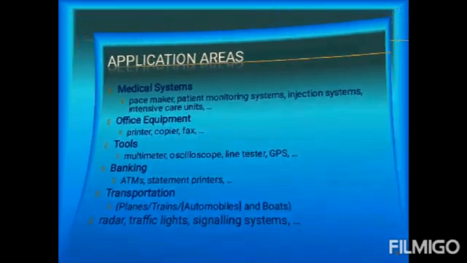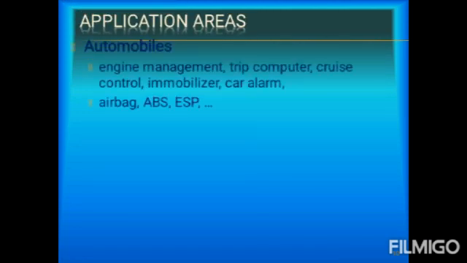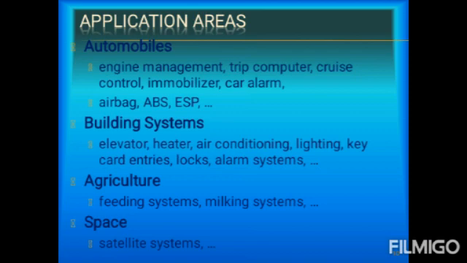Other than that, we have so many examples in our real-life use. We use so many embedded system applications in daily life. In automobiles: engine management, trip computer, cruise control, immobilizer, car alarm, airbag, anti-lock braking system, pressure checking. These are some examples of controls in automobiles.